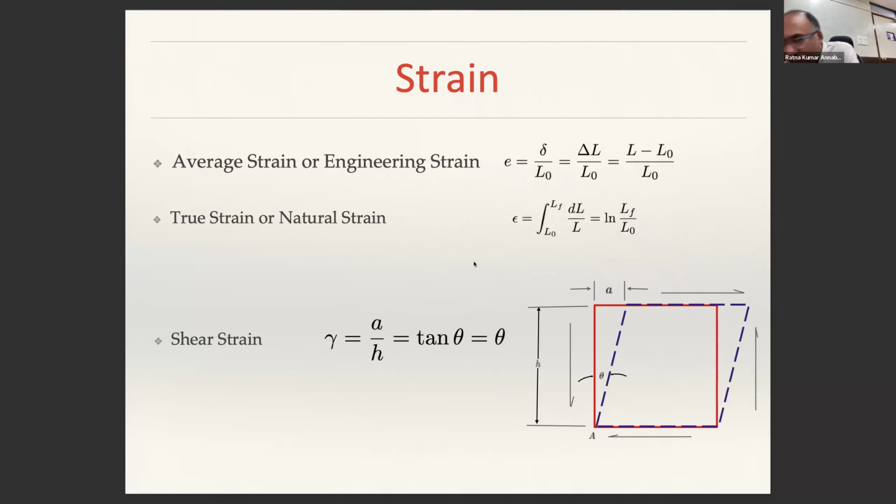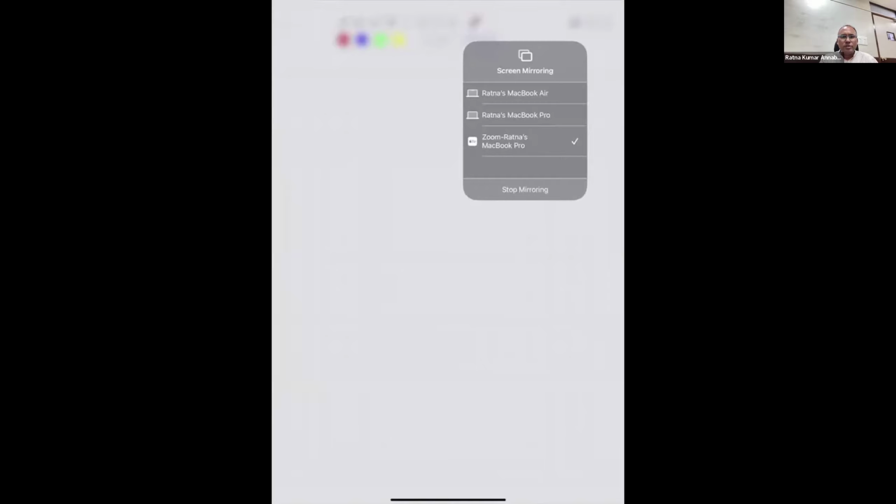Let me take my iPad and write it down so that it becomes clear. You are able to see my screen, right?